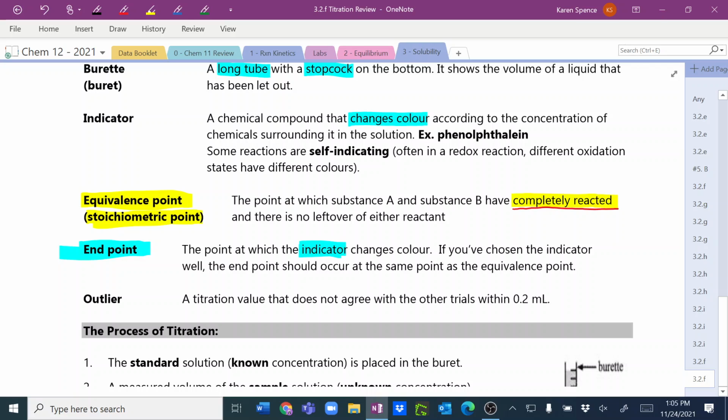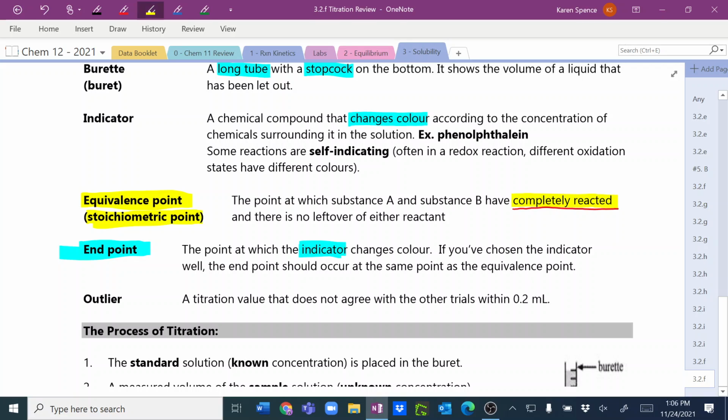Would that be useful? No. Okay, so choosing the correct indicator, when we get to the acids and base unit, that will be something that we actually focus a little bit on: how do you choose an indicator that actually matches up with the equivalence point. Okay, but solubility titrations, doesn't matter.